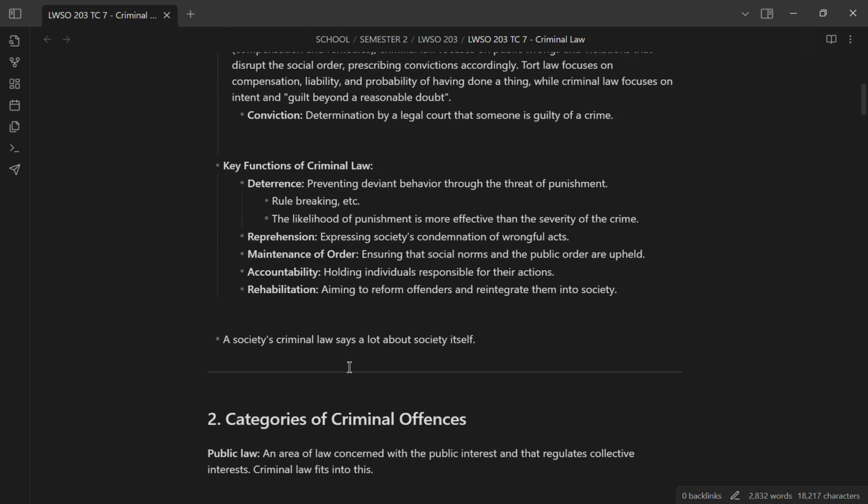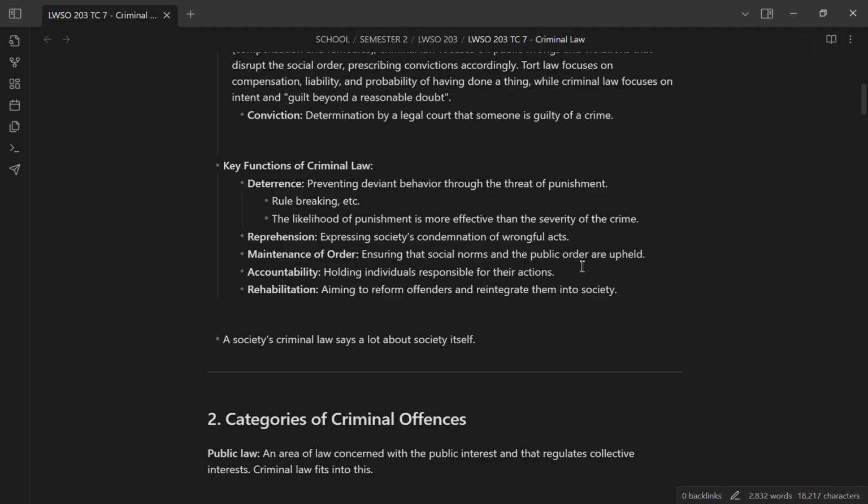Key functions of criminal law: deterring certain behaviors in the public through the threat of punishment. Specific or general deterrence. General refers to trying to deter the public, versus specific referring to a certain individual and making an example out of them.